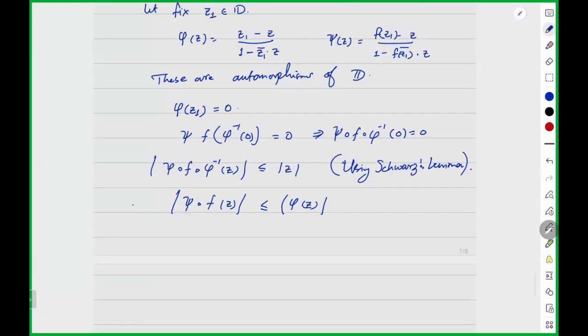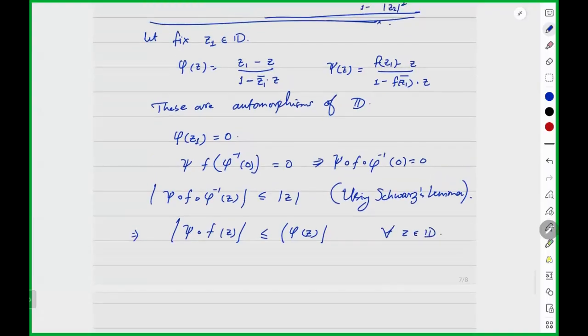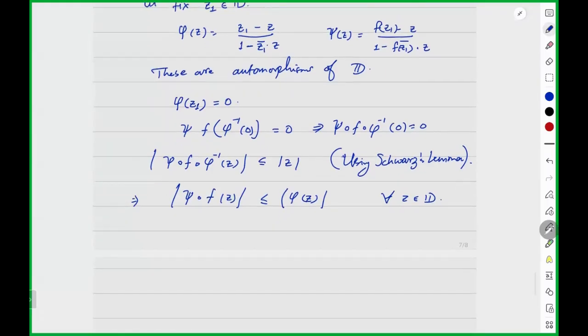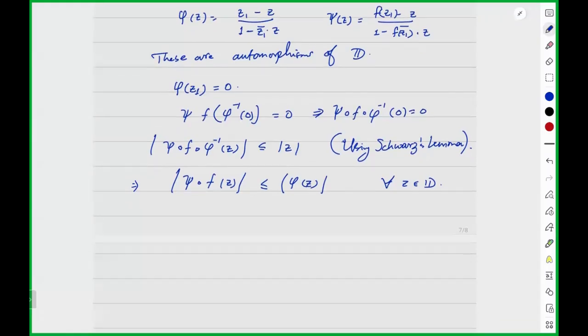Now this is true for every z, so not worried about anything. Now what is phi of z? Let's say we are calculating at z2. What happens?